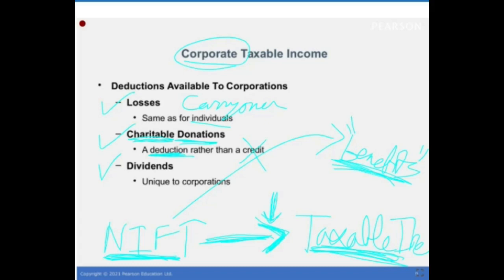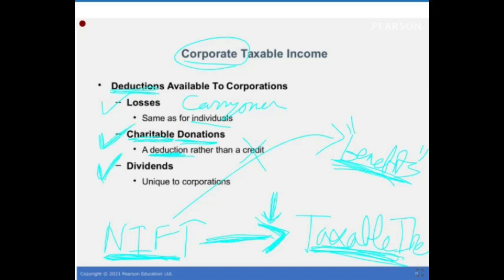You imagine if you had a row of 5 corporations, and every time they paid a dividend to the next one down the chain, they paid the tax over and over and over again until there was no money left. When the dividends go from corp to corp, they don't get taxed again. So we will deduct them. So we'll talk about that in a little more detail as we continue on.